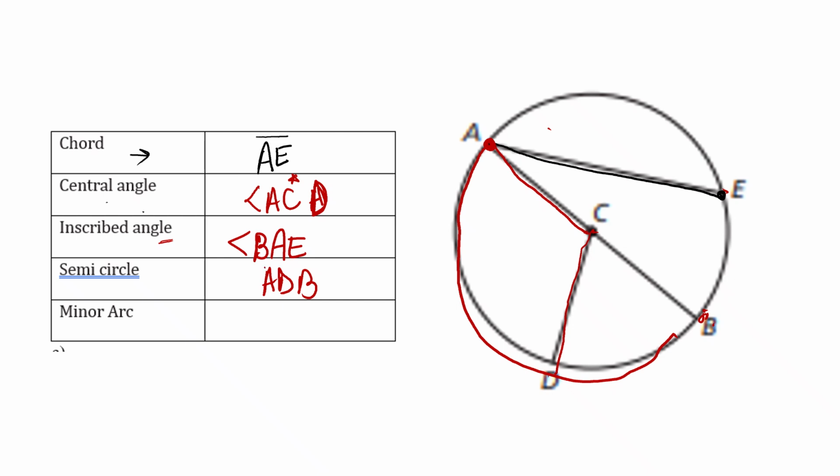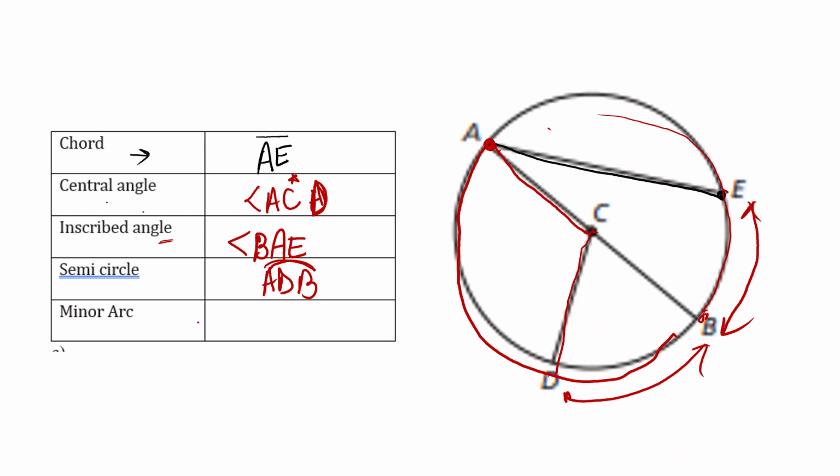So this arc is actually the semicircle. Or even you can say that AEB, from here to here, is also the semicircle. Now minor arc means the intercepted arc or the small arc. So you can say that B and E is one arc. Even D and B is a minor arc.